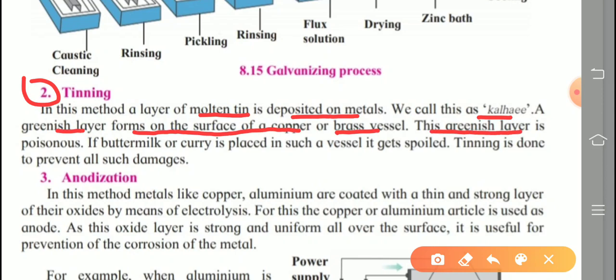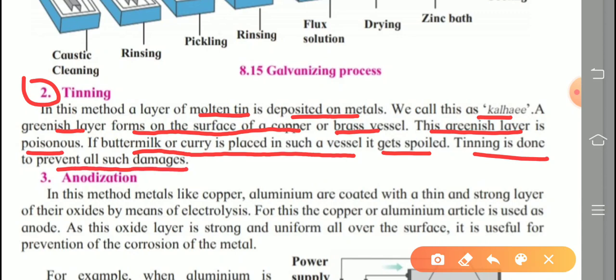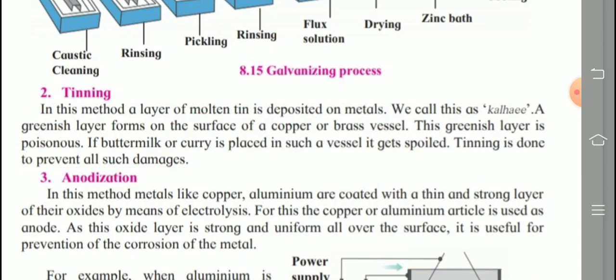This greenish layer is poisonous. If buttermilk or curry is placed in such a vessel, it gets spoiled, because the greenish layer is poisonous. So tinning is done to prevent such damage, especially on copper or brass vessels.